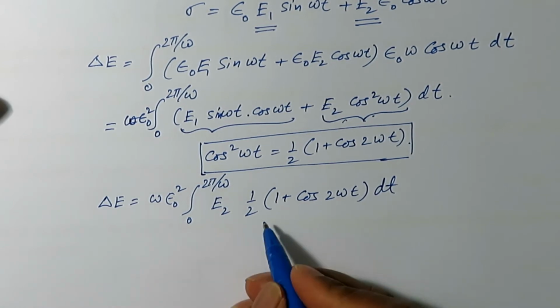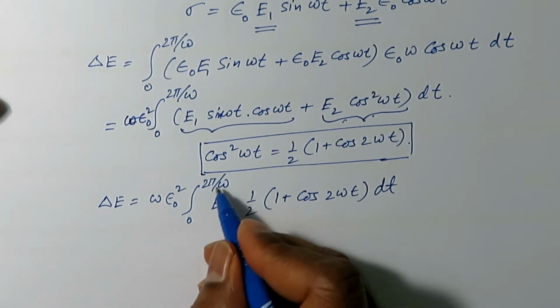So now we will integrate this one with the limits of 0 to 2 pi over omega.